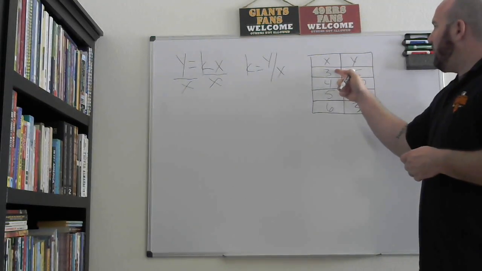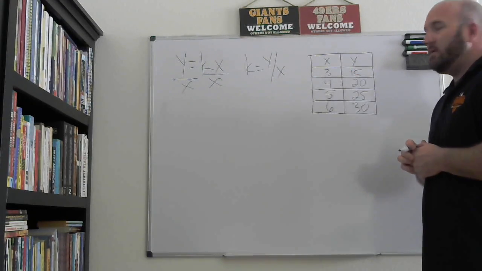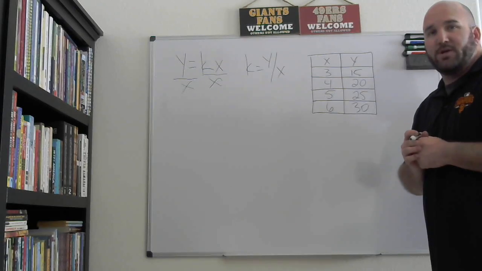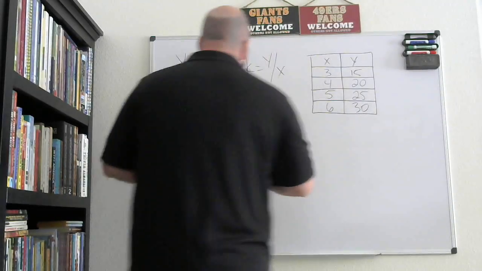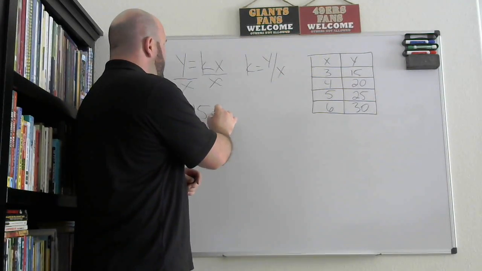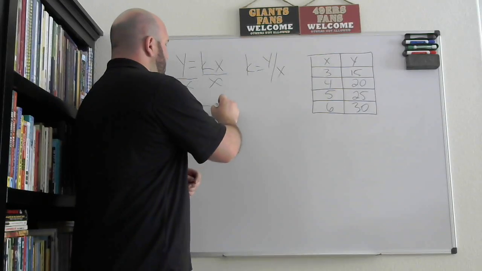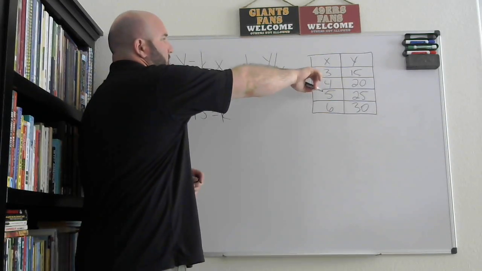So for example, if we have an ordered pair here, so let's say 3 and 15, we want to write a direct variation equation based on these ordered pairs. How do we do that? Well, we know our y value is 15, so 15 equals k times x.